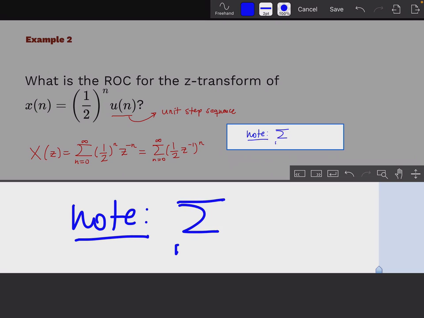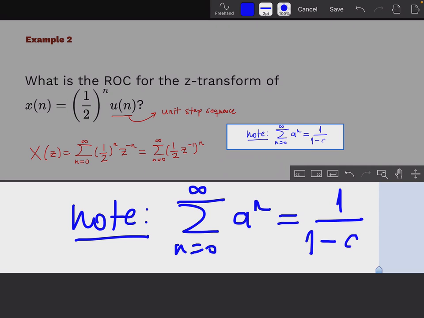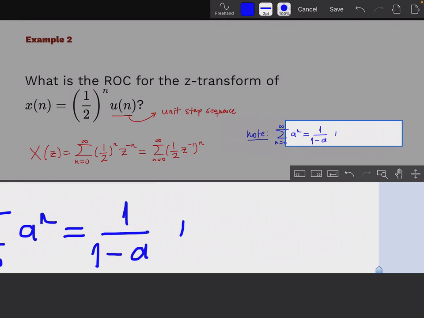If you have a series of the form a to the power n, it converges to 1 over 1 minus a if and only if the absolute value of a is less than 1.